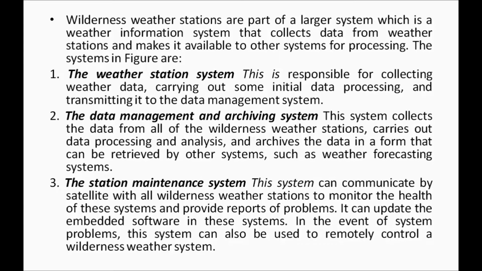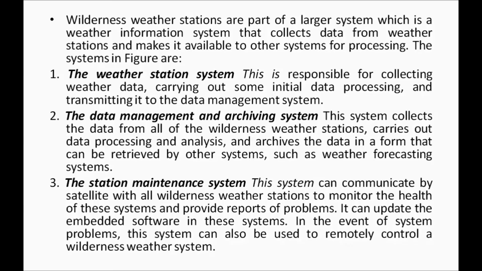And it archives the data. Archives means it will store the data for future purposes also, right? If other systems want this data, they can use that in the future. Getting, guys?